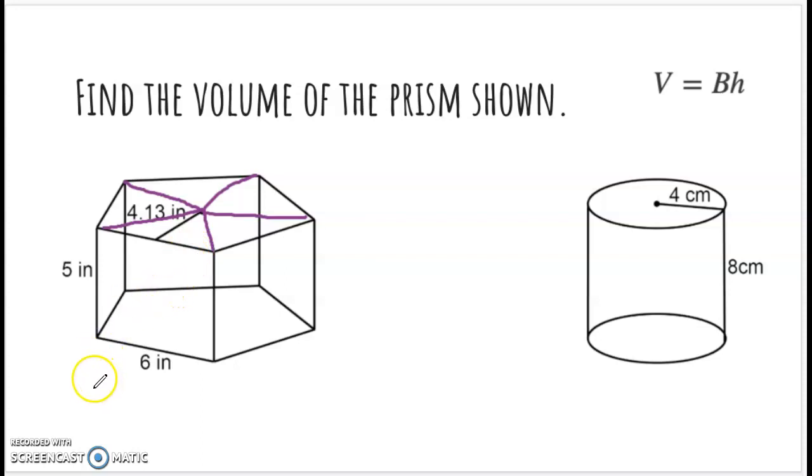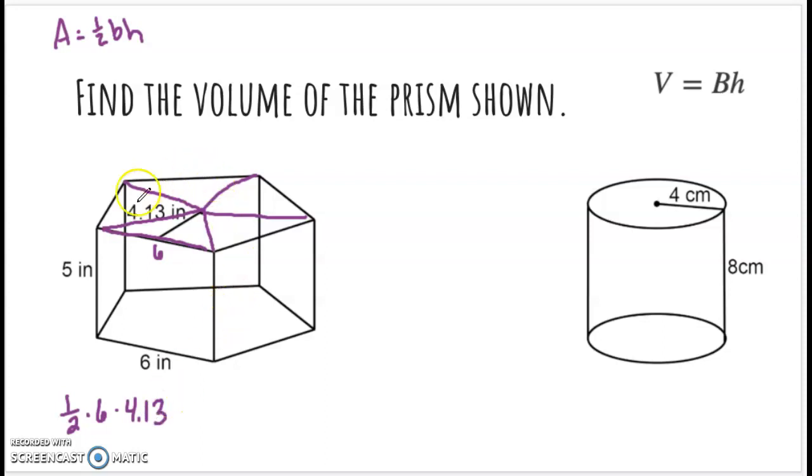So we know the formula for area of a triangle is 1/2 base times height, right? So we would do, in this case, 1/2 times, it looks like our base of that triangle is going to be 6, and the height of that triangle is 4.13.